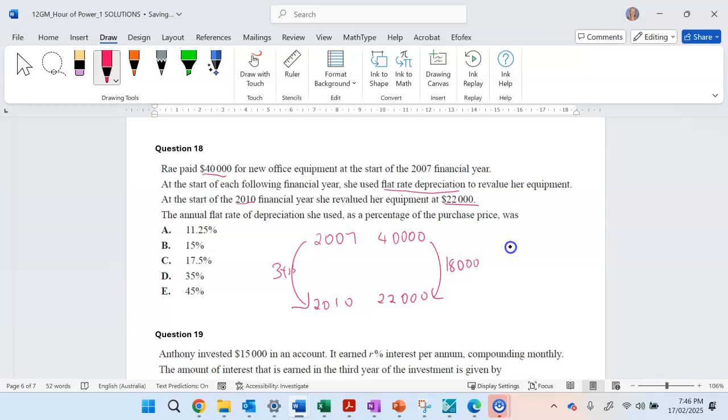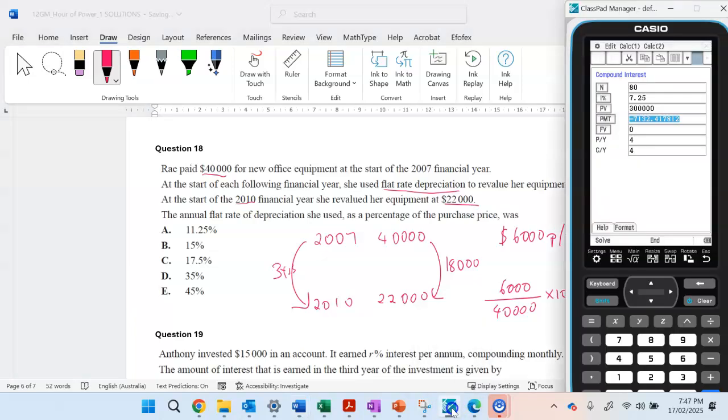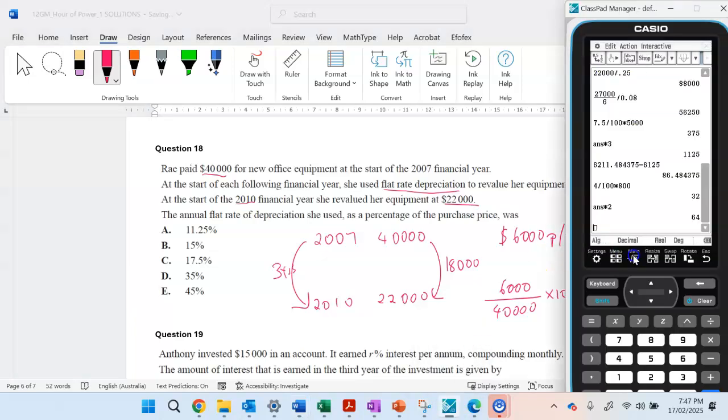So per year, it's $18,000 for 3 years, so that's $6,000 per year that it's depreciated. So if we want to work out the rate of depreciation, we just take that $6,000 and divide it by our original value, which was $40,000, and times it by 100 to turn it into a percentage. All right, so 15%.